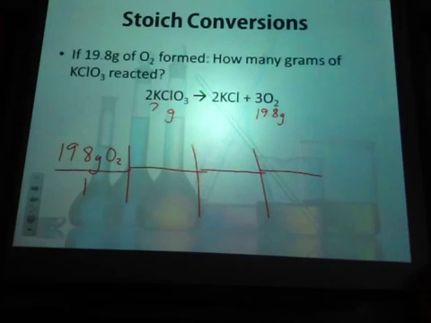So grams of substance A to grams of substance B. So follow your math.